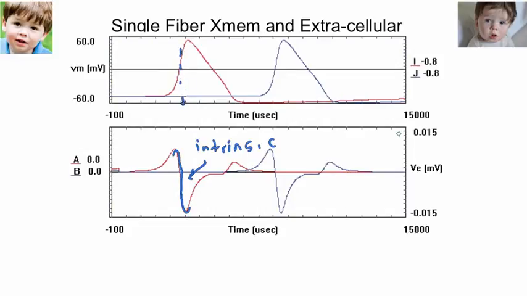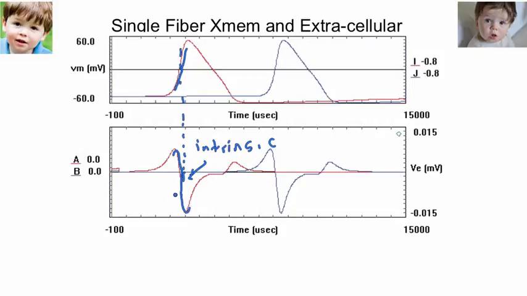So if you make a vertical time bar here, you can use the time of the intrinsic deflection to tell us about the action potential underneath. The action potential underneath will be about halfway through its rise at the time when the intrinsic deflection is about halfway through its fall.